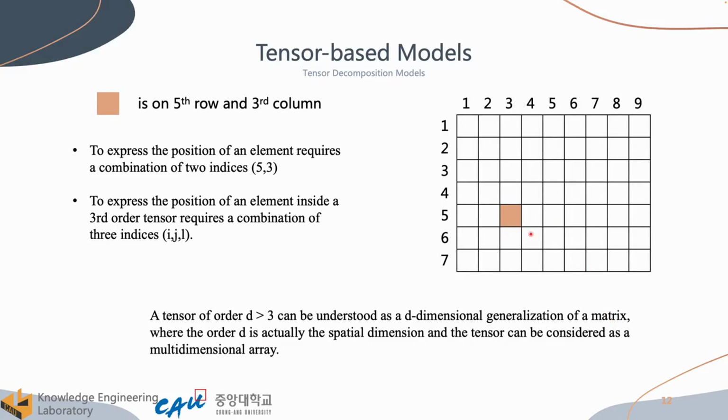To express the position of the element requires a combination of two indices, 5, 3, and to express the position of an element inside a third-order tensor requires a combination of three indices I, J, L. A tensor of order D more than 3 can be understood as a D-dimensional generalization of a matrix, where the order D is the spatial dimension, and the tensor can be considered as a multidimensional array.